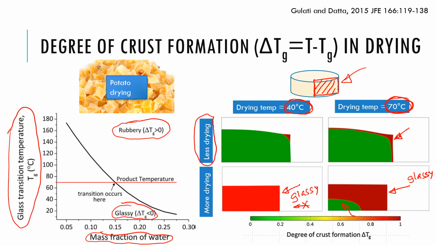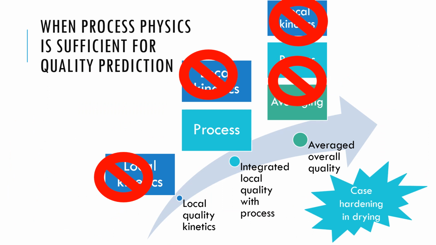So again, this gives us important information on the quality of the dried product, and that was obtained from the process model only. But it's more than just temperature and moisture. It's another level of detailed information on quality, but the process model itself was sufficient along with some material details. So that was another example that fits in the framework for quality that we talked about, but it doesn't need these other details.